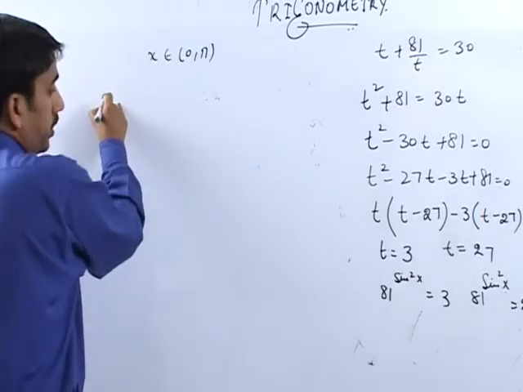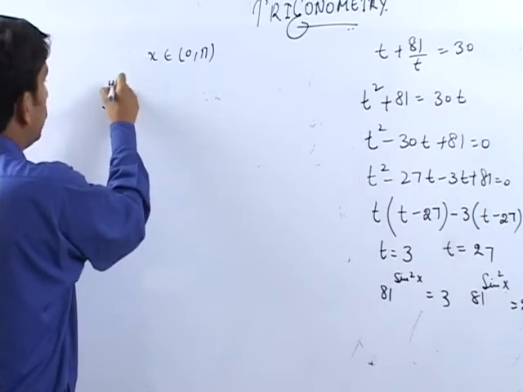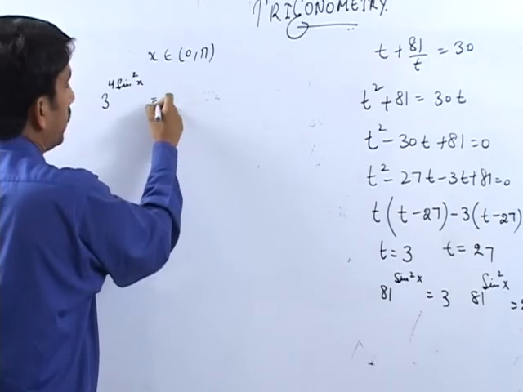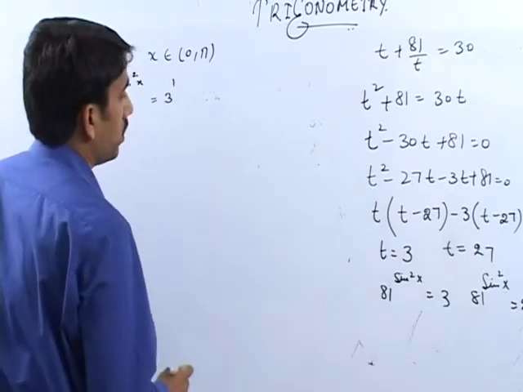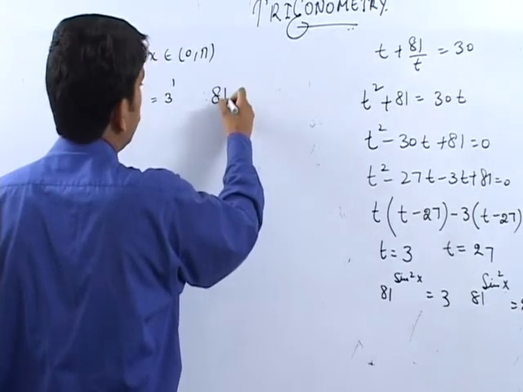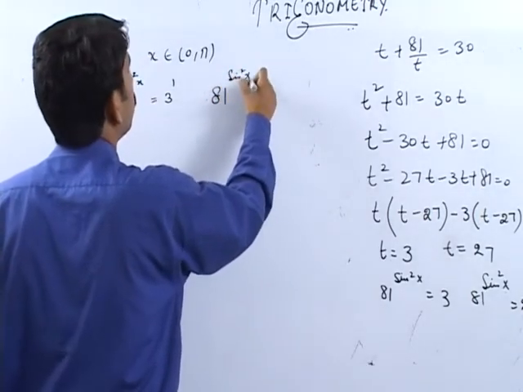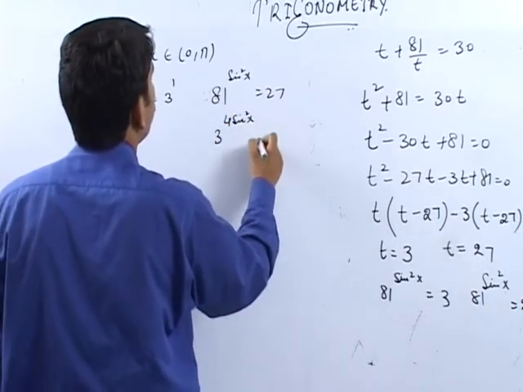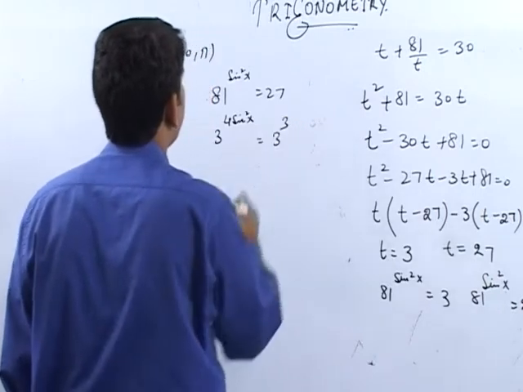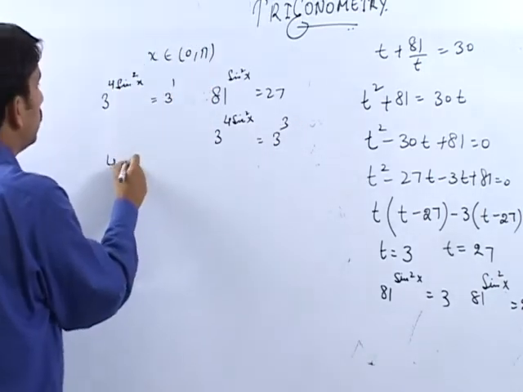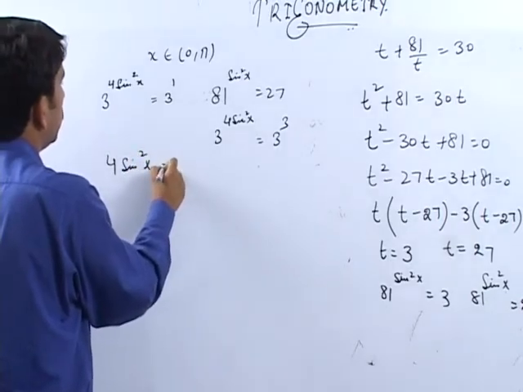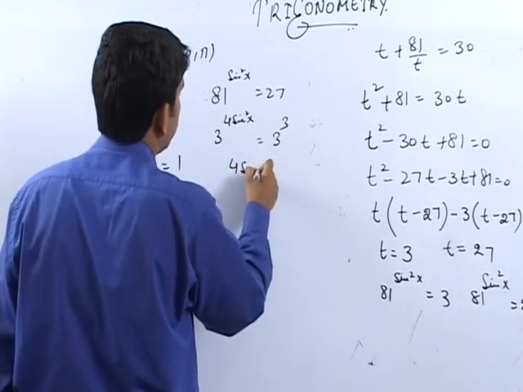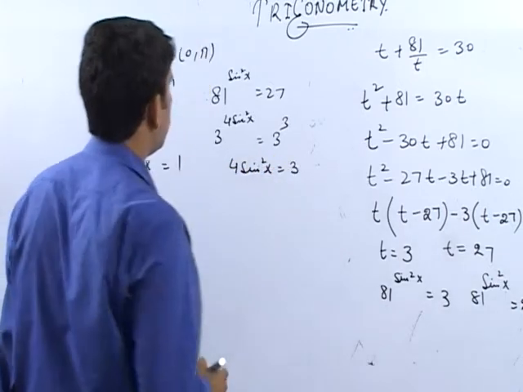This is 3 raised to power 4 sin square x is equal to 3 raised to 1, and 81 raised to sin square x is equal to 27 can be written as 3 raised to power 4 sin square x is equal to 3 raised to power 3. Now this will be 4 sin square x is equal to 1, or 4 sin square x is equal to 3.